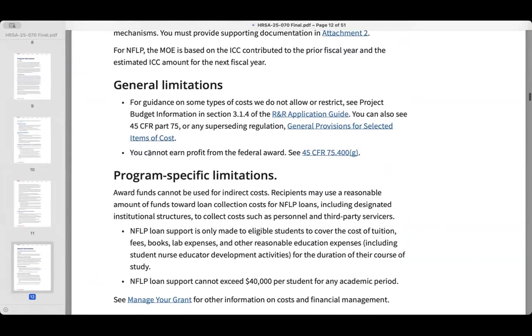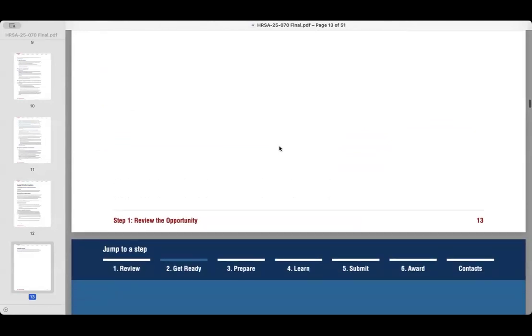Now, you're not allowed to earn profit from the federal award, but you can also cover expenses for the people who will be administering the program. And you can also budget appropriately for the administrative expenses charged with running this.